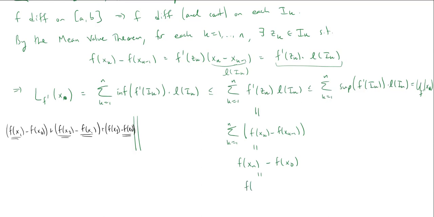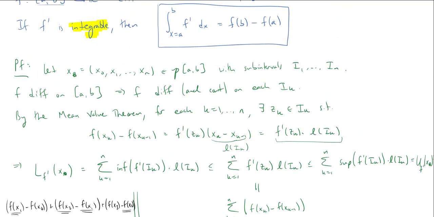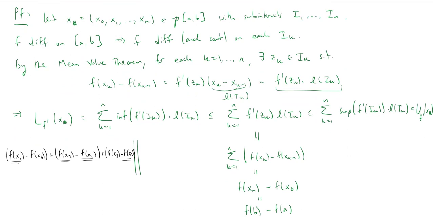So this is f of b. And x naught, that's the beginning of the interval. So this is just f of a. So what we've shown now is that the lower sum is less than or equal to this f of b minus f of a. And that should be really nice because that's the right-hand side here. And this f of b minus f of a is also less than or equal to the upper sum.